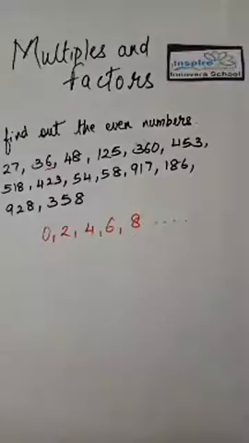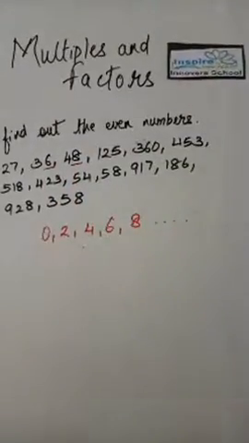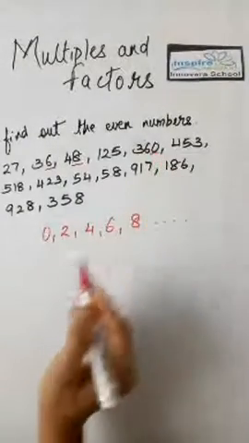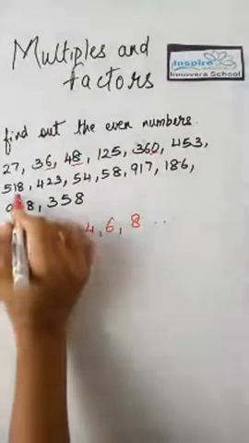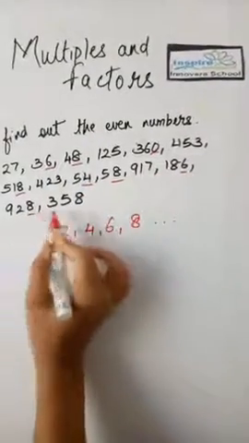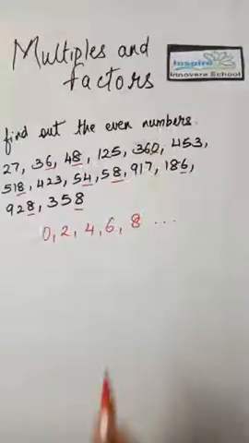So we are going to see the last digit 8, then 0, again 8, 4, 8, 6, 8, here also 8.